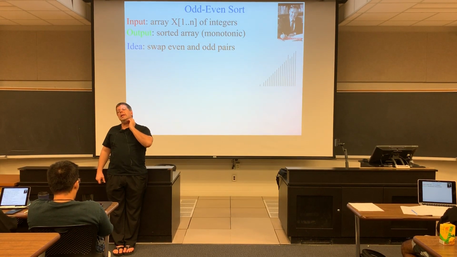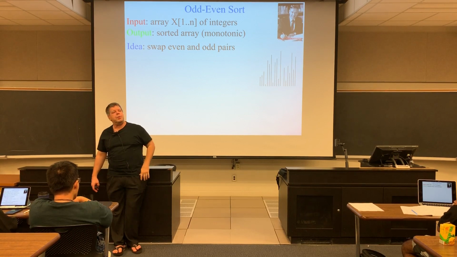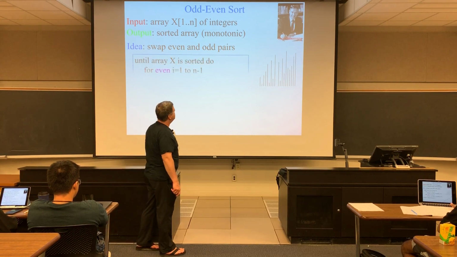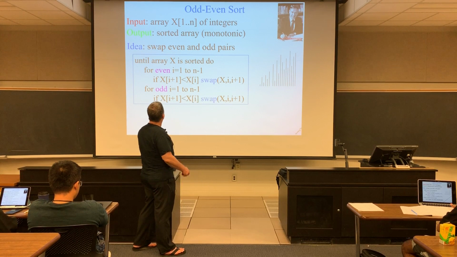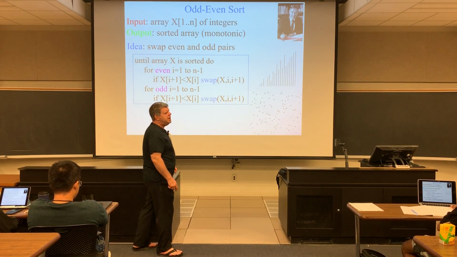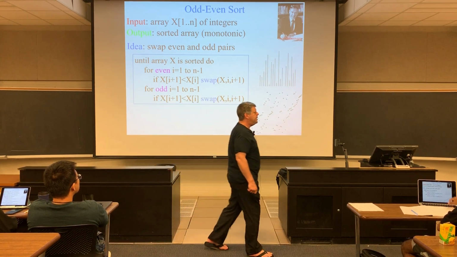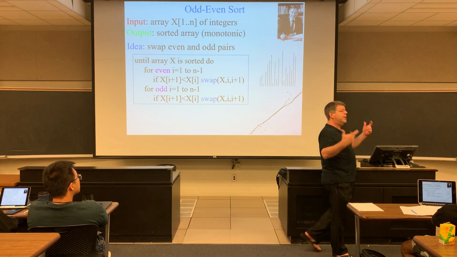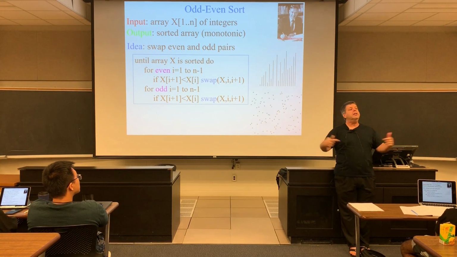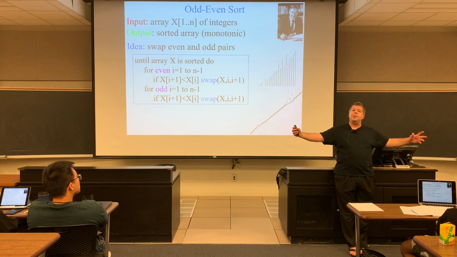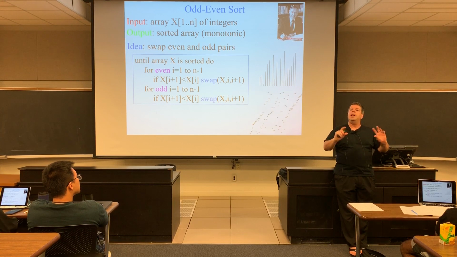Now, why is that an interesting algorithm if you already have bubble sort? Because it's highly parallelizable. When you swap even pairs, a lot of processors can simultaneously swap even pairs and not interfere with each other. And then when you swap odd pairs, you can have a lot of processors all in parallel accessing the same RAM, swapping odd pairs, and they don't interfere with each other either.